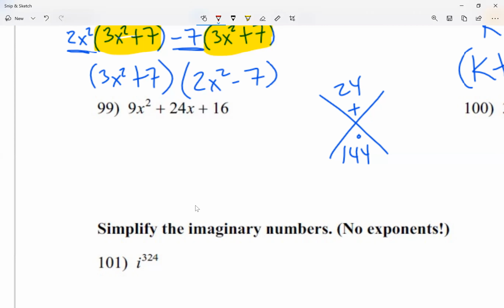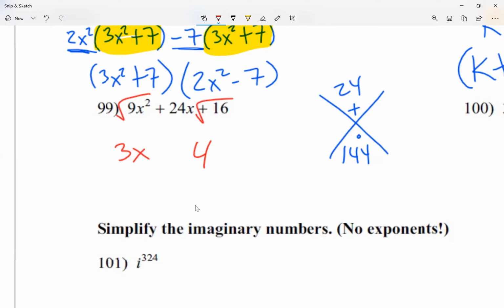For special cases, let's get the square root of the beginning, and get the square root of the end. The square root of 9x squared is going to be 3x, right? The square root of 9 is 3. The square root of x squared is x. At the end, the square root of 16, that's 4.